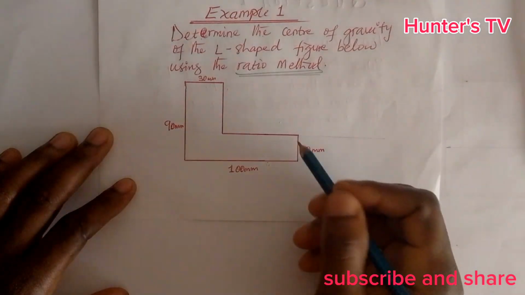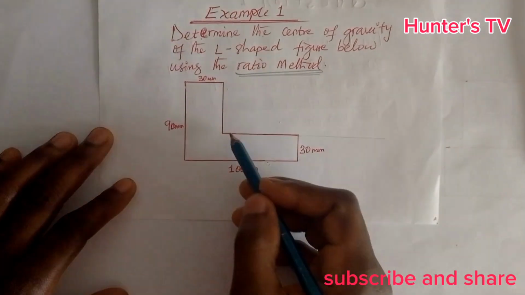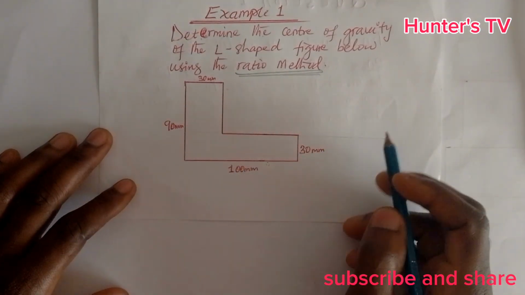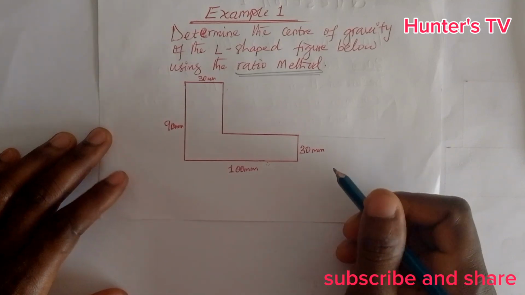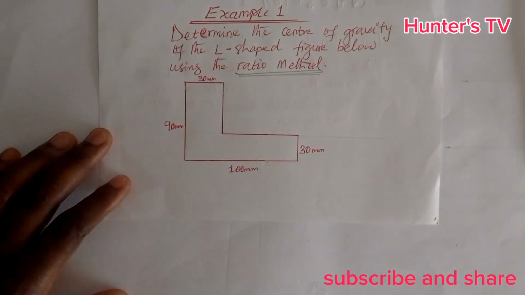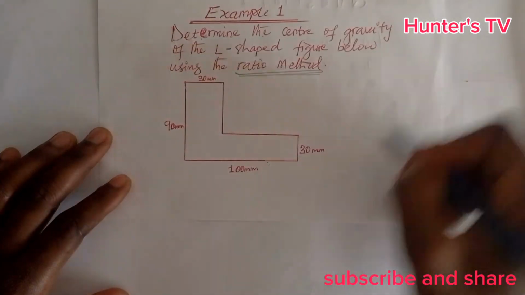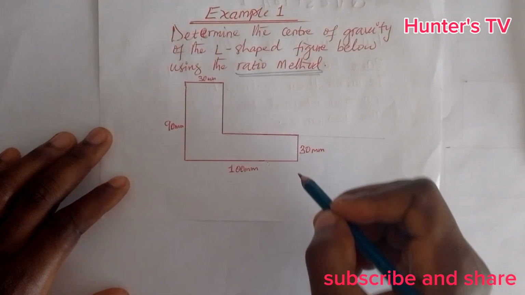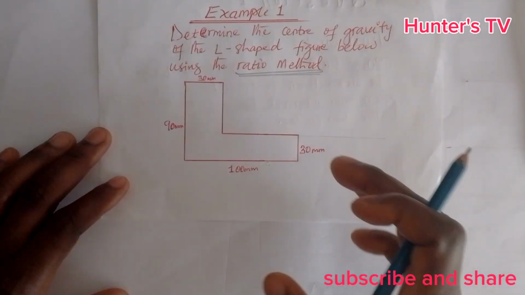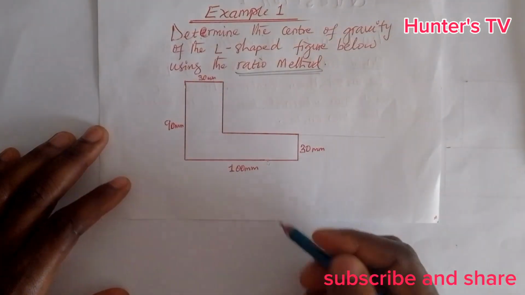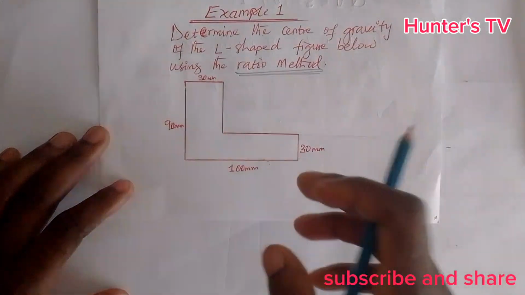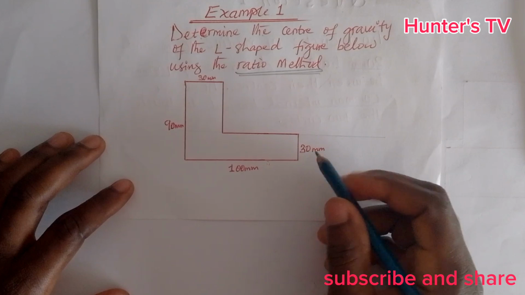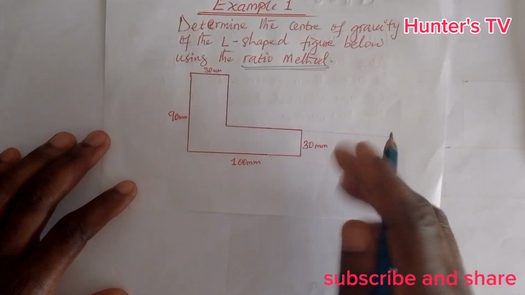This side is not given and this side is also not given, but you can still draw. Bear in mind that in the examination hall, not all dimensions are going to be given to you. It is up to you to study the shape given to you and then deduce some of the dimensions that are not given. So let's start.